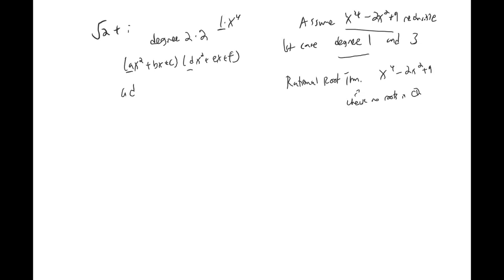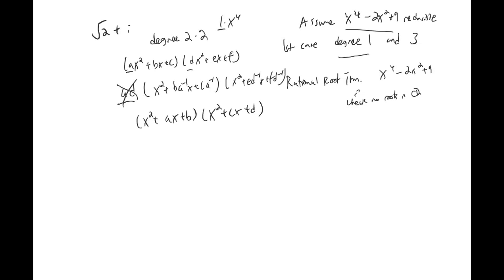So I could just factor it out, right? And then consider (b a inverse x plus c a inverse) times (x squared plus e d inverse x plus f d inverse), and these are inverses of each other, so this is just 1. So is everyone clear? I could reduce to the case where it's x squared plus ax plus b times x squared plus cx plus d. So I can assume it's monic.